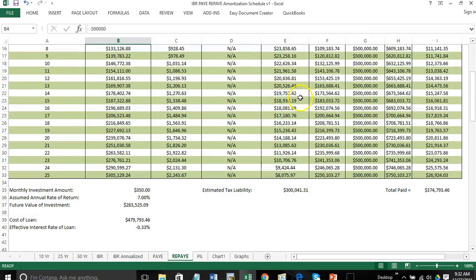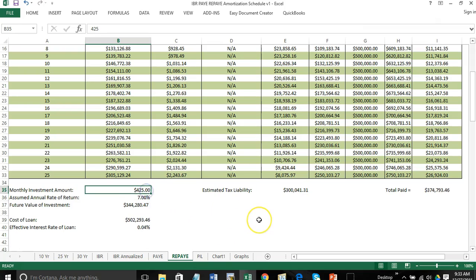So the same concepts here. After 25 years, given that income amount, you would have paid back a total of about $375,000. With a 40% effective tax rate on $750,000, your estimated tax liability is about $300,000. So in this example, it's not sufficient, so I'll do 25.